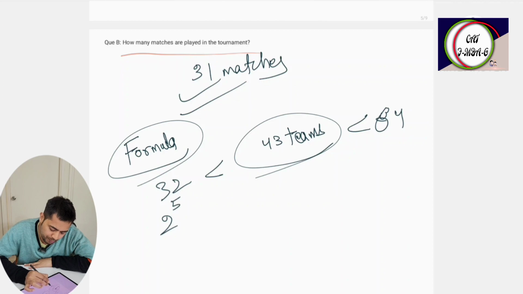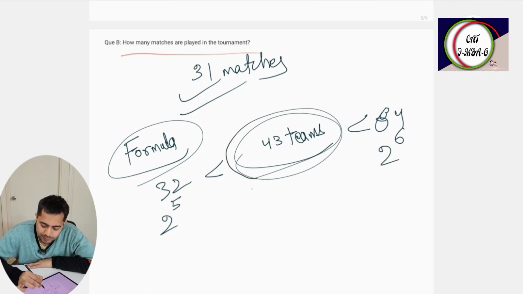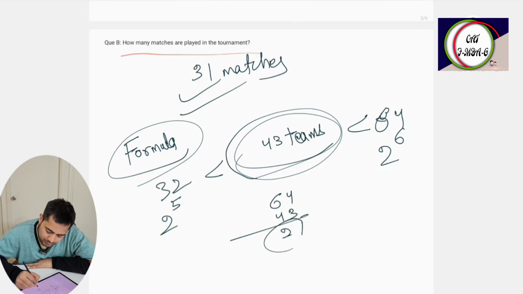Here it is 2 to the power 5, here it is 2 to the power 6. So 43 lies between these two numbers. So the number of byes which have to be given in the first round itself will be 64 minus 43. 21 is the right answer.